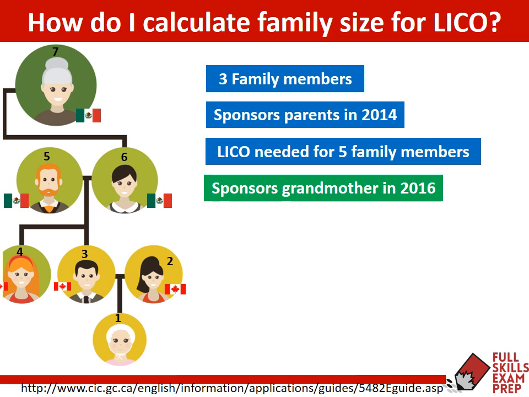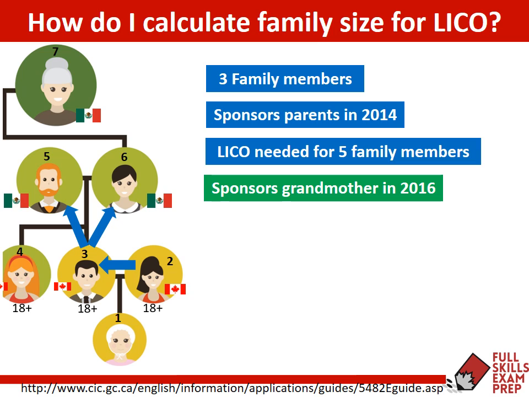So if we look at the example that we saw before with the family who sponsored their parents, we could see that we had the couple who were number 2 and 3 and their baby. Now, the wife and husband sponsored his parents.